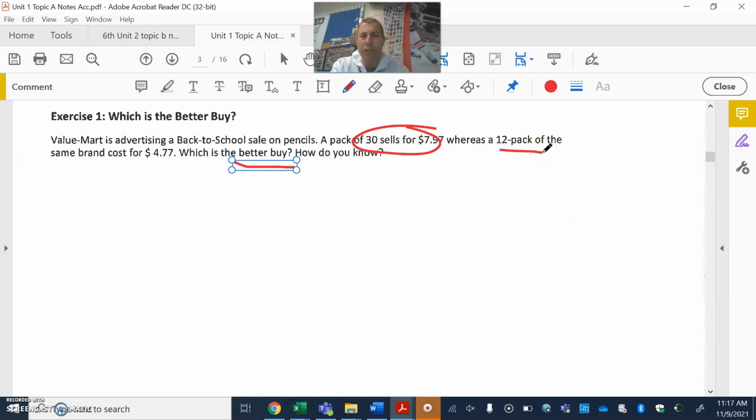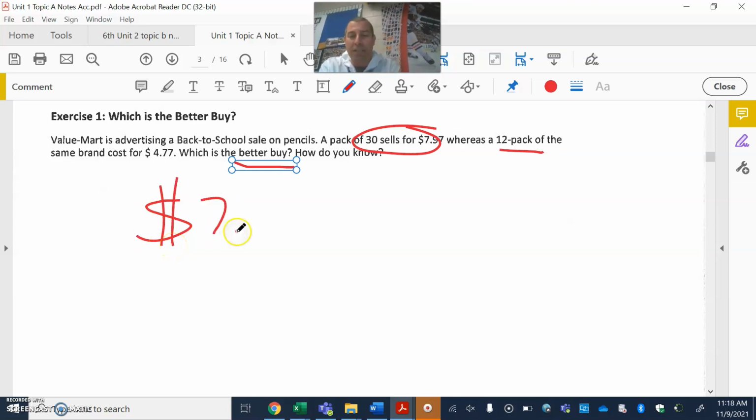So we're trying to figure out what's the better deal. Now, of course, if you don't need 30 of them, spending more money is not the way to go. But let's just use the idea that we need a lot of pencils because, as you know, you lose them. So things we keep in mind when we are setting up is money is always up on top. It's always how much for the one item.